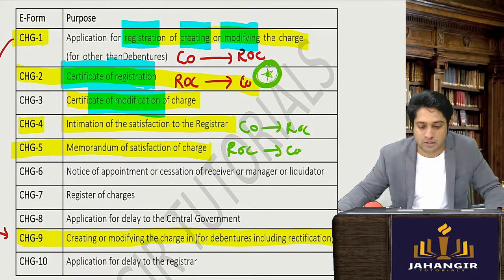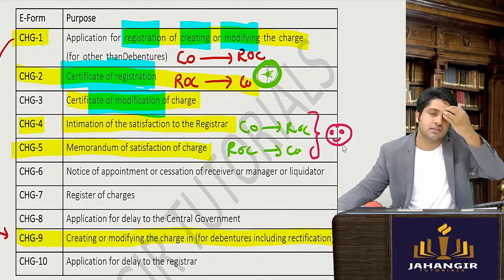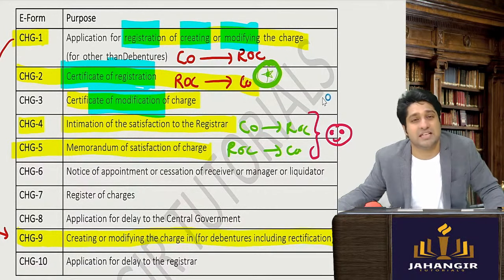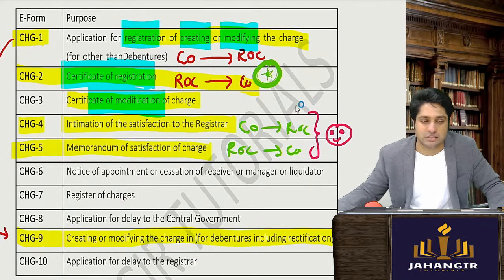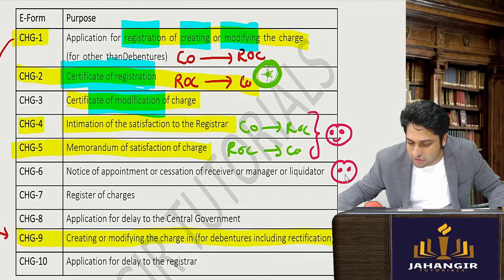Now tell me, this is a happy ending when you have repaid the loan? Yes, the loan has been repaid, there is a happy ending. But is it necessary that there will always be a happy ending? The answer is no, there can be a sad ending also. And when I say sad ending, what do I mean?